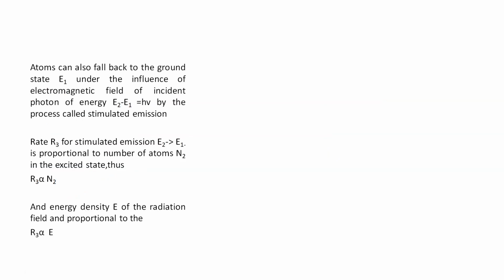Now atoms can also fall back to the ground state E1 under the influence of the electromagnetic field of radiation. The incident energy is E2 minus E1 equals h nu. I have discussed all these three processes in detail in a separate lecture. This is known as stimulated emission, because here R3, that is the rate of stimulated emission, depends upon N2.